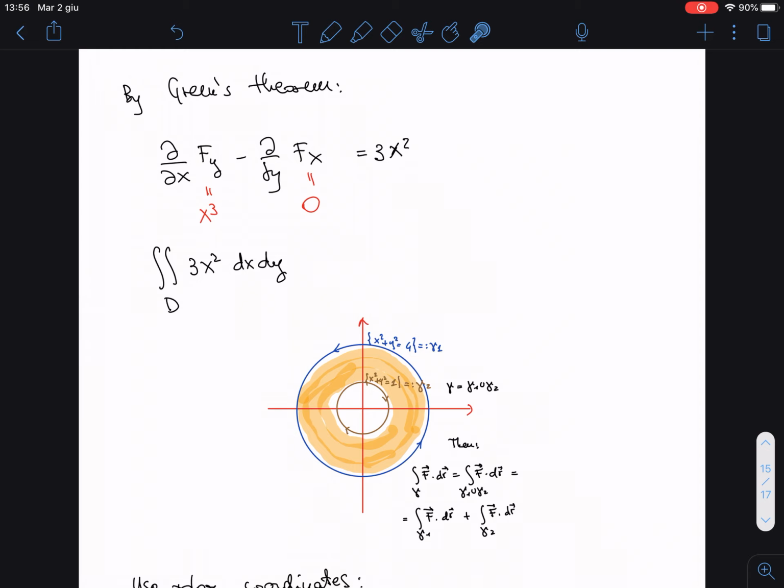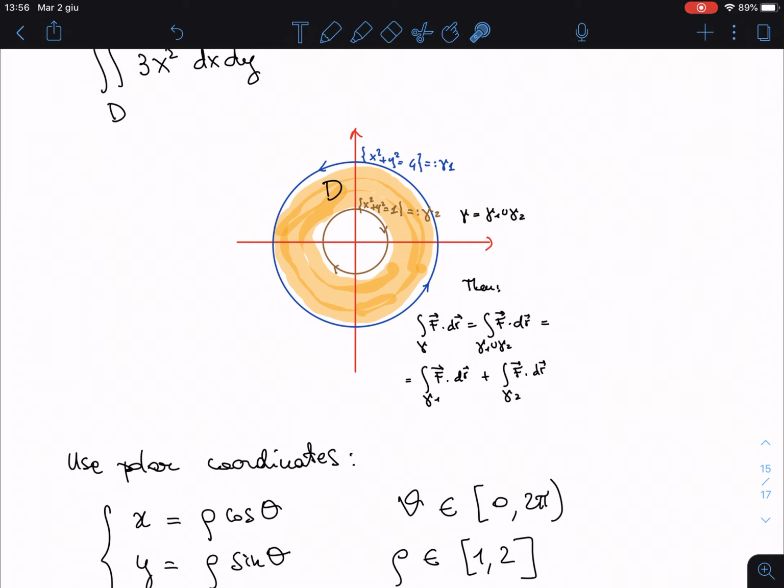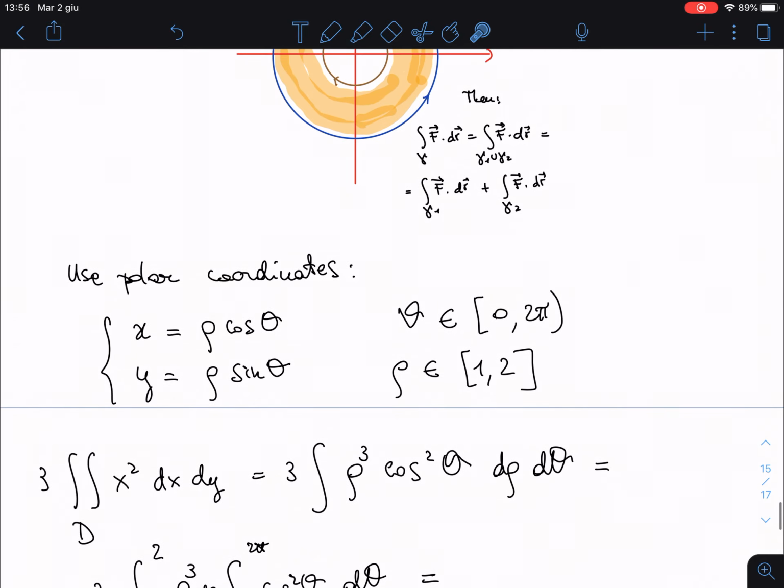This guy here, and again, the region D is this region that I colored in yellow. This is a two-dimensional region which is quite naturally described by polar coordinates.